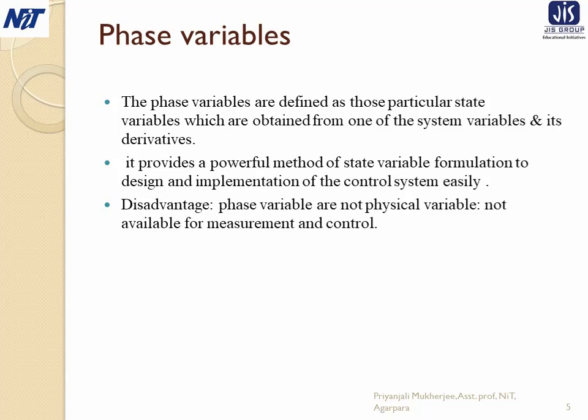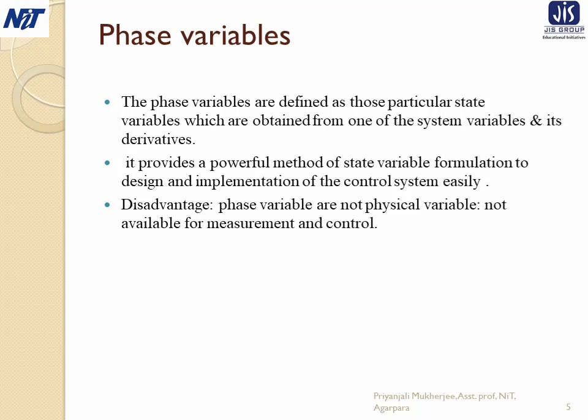Now the system variable used is the system output, and the remaining variables are used as the derivatives of the output. The phase variables provide a powerful method of state variable formulation. The disadvantage of phase variable formulation is that the phase variables in general are not the physical variables of the system, so they are not available for measurement and control purposes.